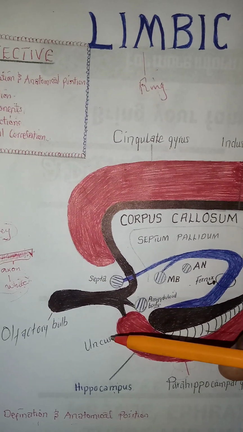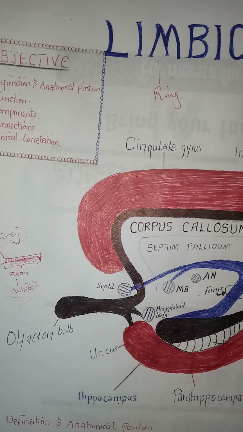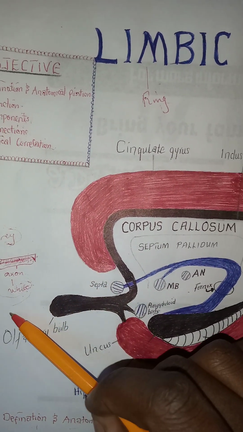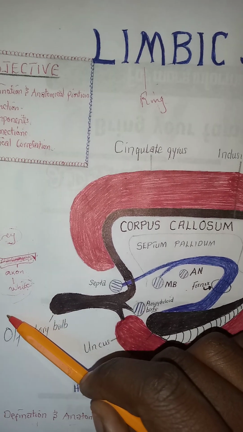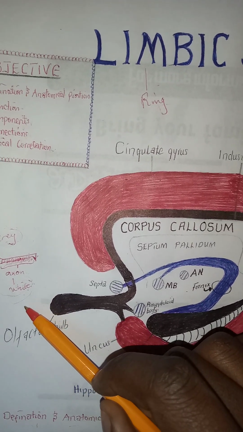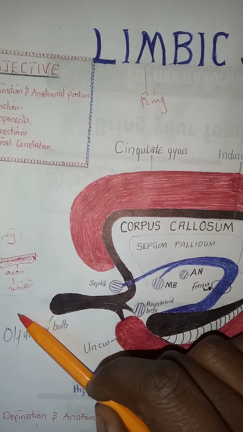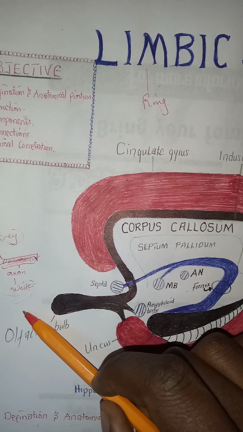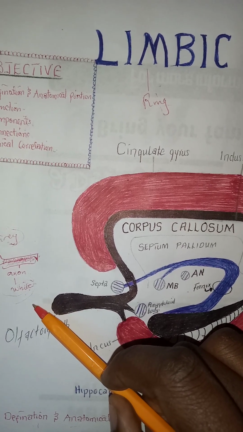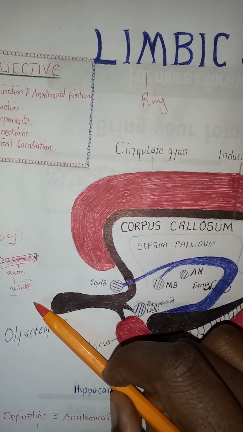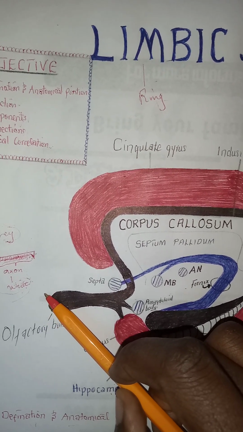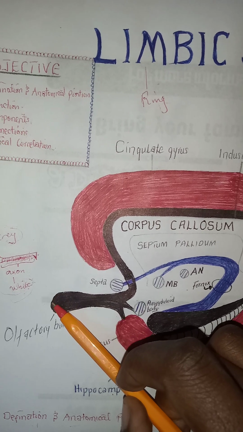Okay, so remember the course and distribution of the olfactory nerve, cranial nerve number 1. Once it originates from the mucosal epithelium of the nose, it moves through the cribriform plate, and just anterior to the cribriform plate it synapses with the mitral and tufted cells, and then it continues within the olfactory bulb.